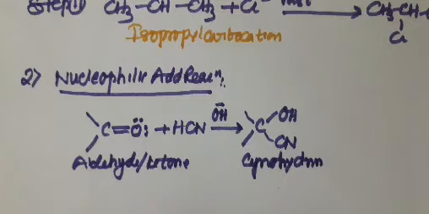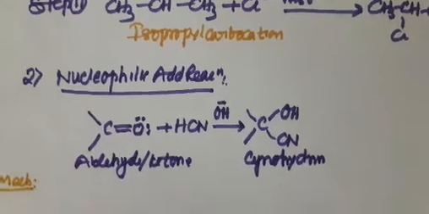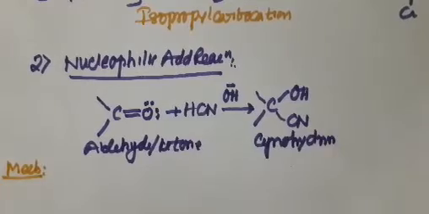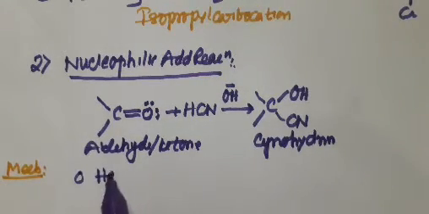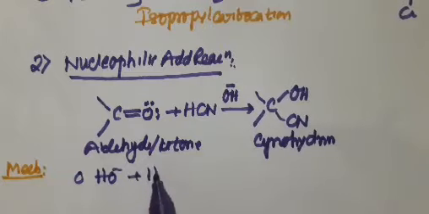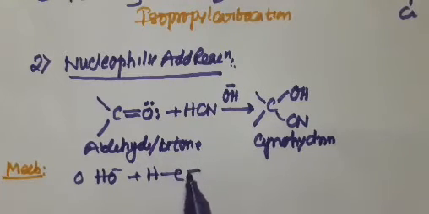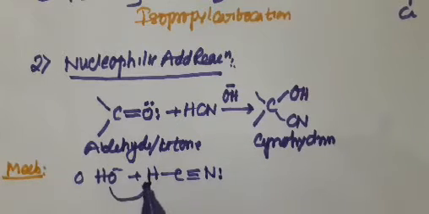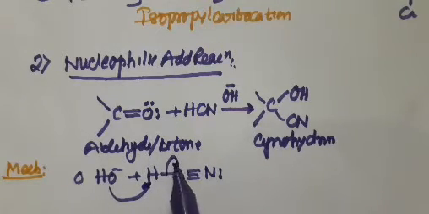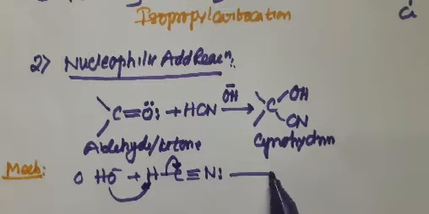Now let us try to understand the mechanism of this reaction. At first, we need to take HO minus and it interacts with the HCN, interacts with the hydrogen, and this electron pair gets shifted on the carbon atom.